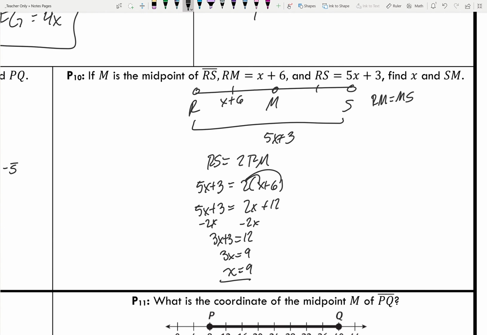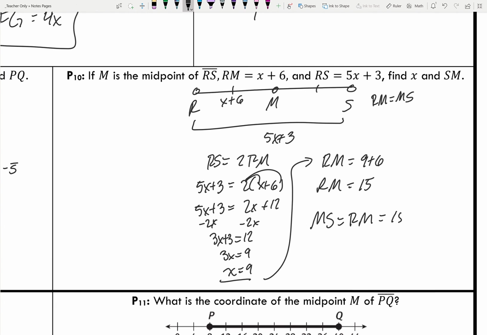Plug into RM. It's equal to 3 plus 6, which is 9. And then remember, MS is equal to RM, which is just 9. So MS is also equal to 9.